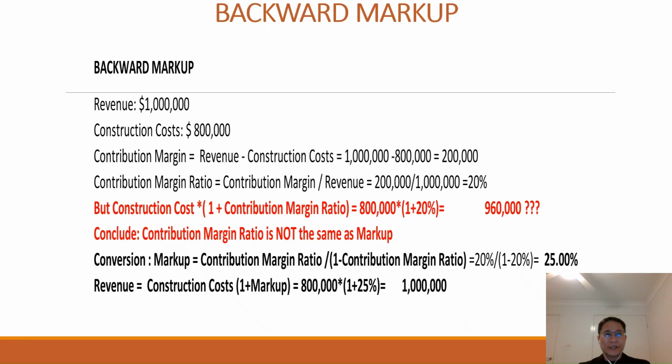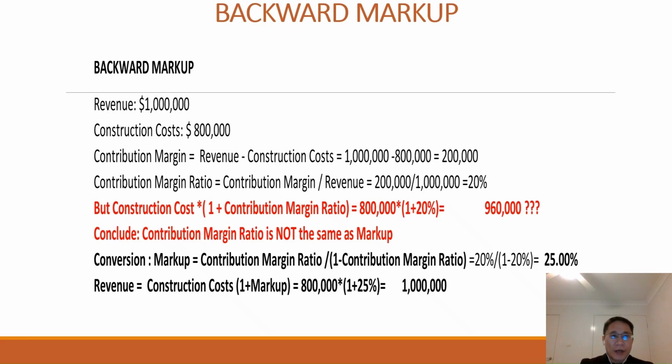So now we can start calculating our backward markup. We will calculate the backward markup when we already know the expected revenue of the company, our construction cost, and more importantly, the contribution margin ratio. In this example, the revenue is 1 million and the construction cost is $800,000. The contribution margin is equal to revenue minus construction cost.